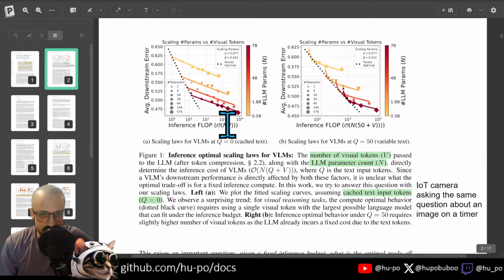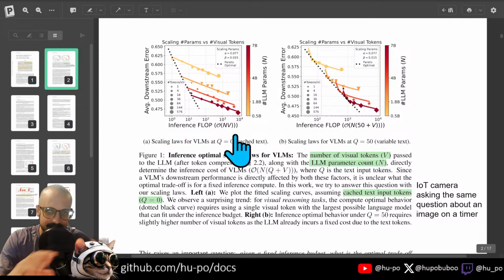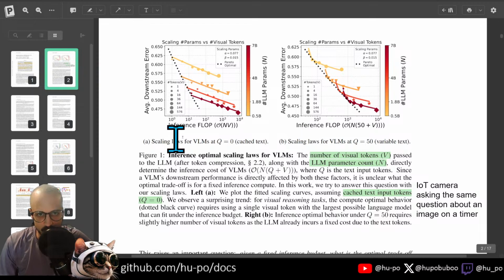Down here we have inference flops, and this big O notation here basically means in the order of, right? Which is kind of like saying the approximate, the dominant terms in this, right? So what you really care about with this big O notation is, is it n squared? Is it log of n, or is it n? Right? So you don't necessarily care about, like, if there was a leading number 2 here, you would just get rid of that, right? What you really care about is the dominant behavior here.